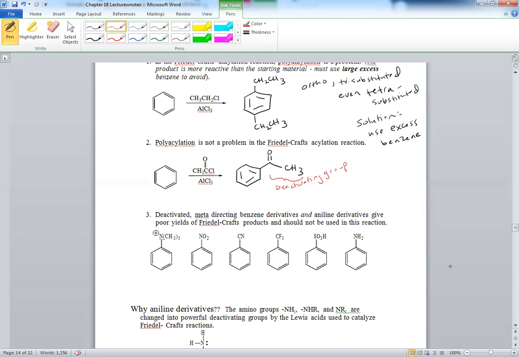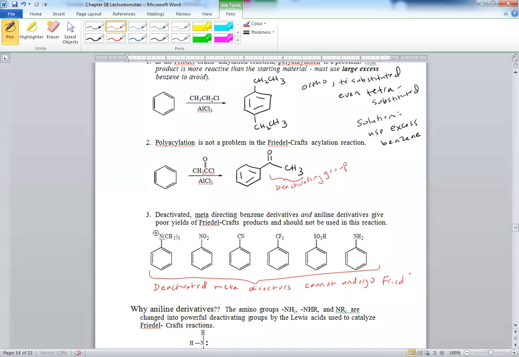All of these, as you know, are all deactivated meta directors, and they cannot undergo Friedel-Crafts reactions.